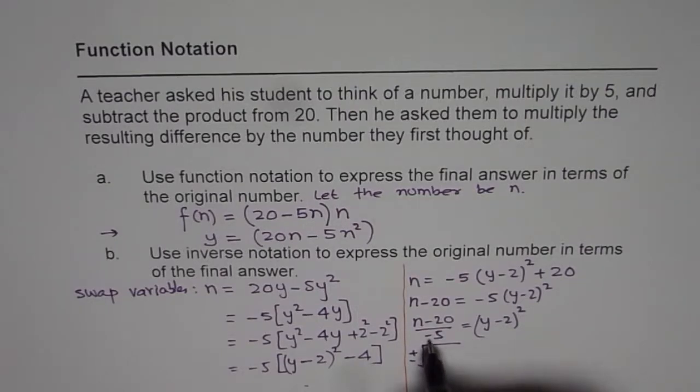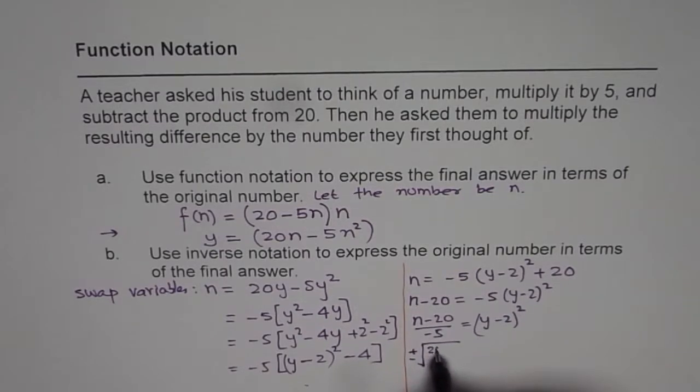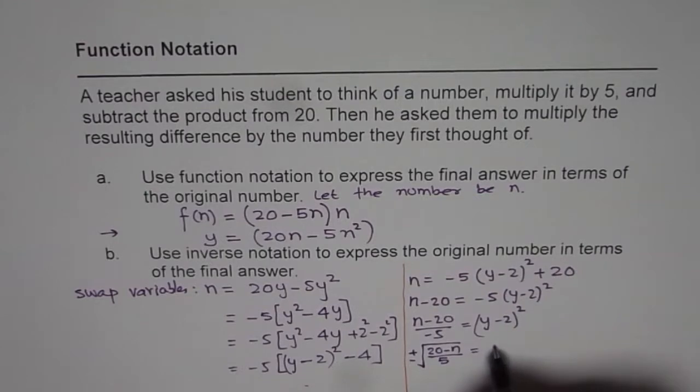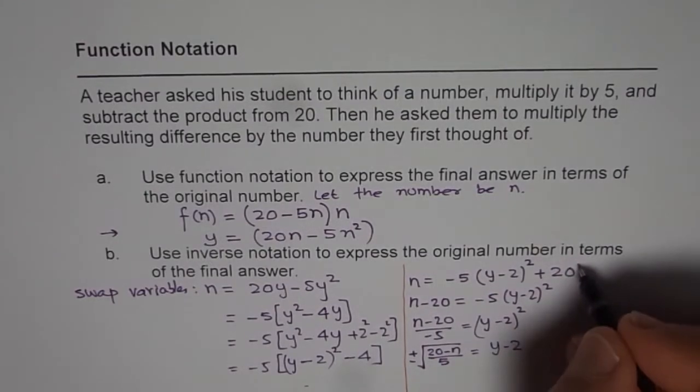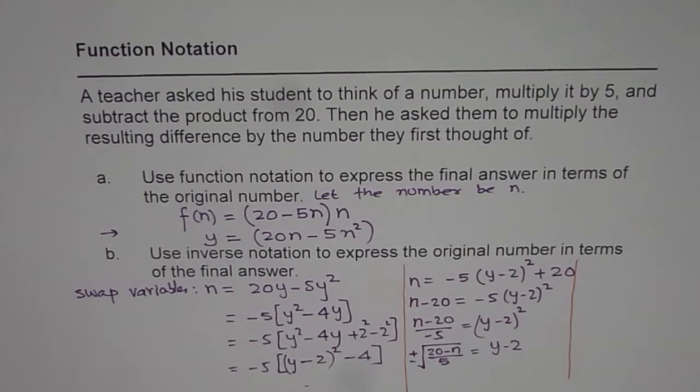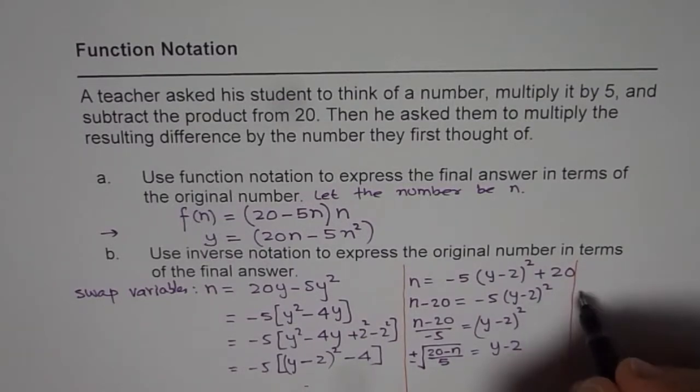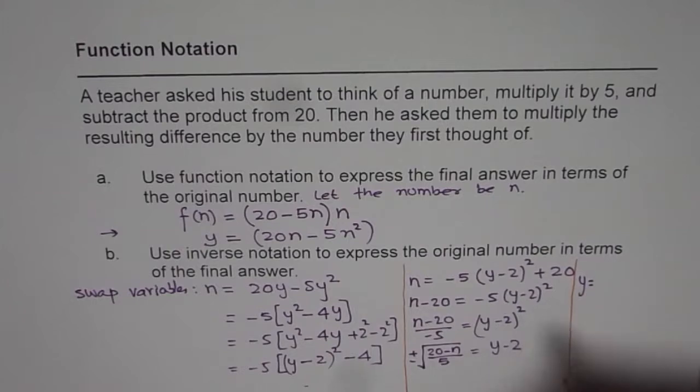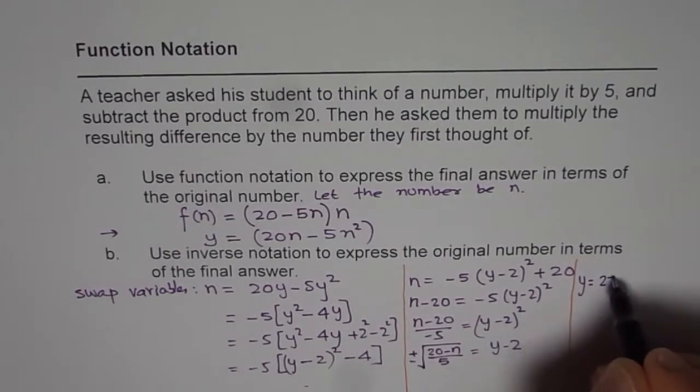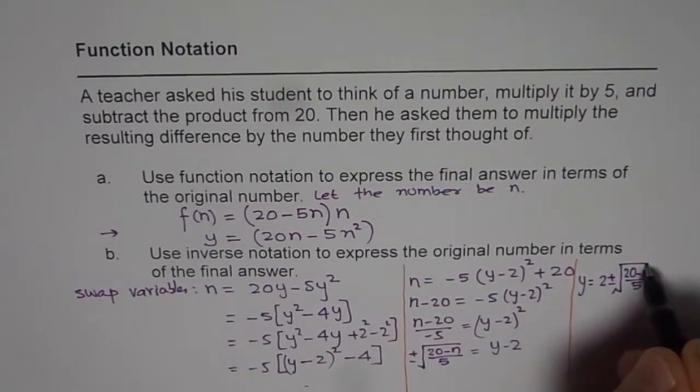Because this is minus 5, we can write this as 20 minus n over 5 equals y minus 2. Now we can bring 2 to the other side and isolate, so y equals 2 plus or minus the square root of 20 minus n divided by 5.